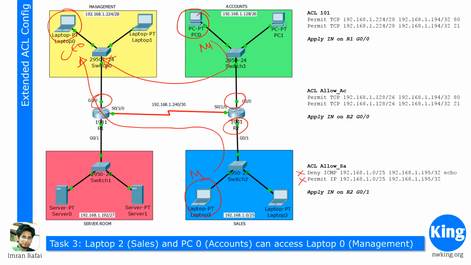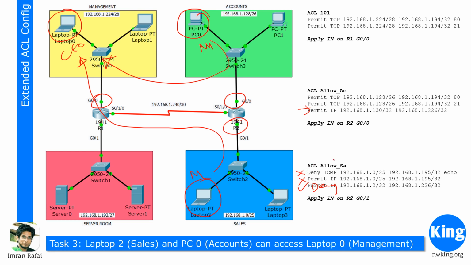It looks at this, it doesn't match. It matches the third deny statement, and of course this will get denied. Now we need to do something. We need to add more ACL statements for this computer's traffic to go through, and similarly we need to allow it in this ACL also. We need to add more ACL commands to let that traffic through.